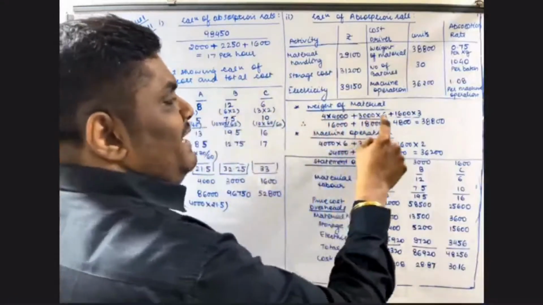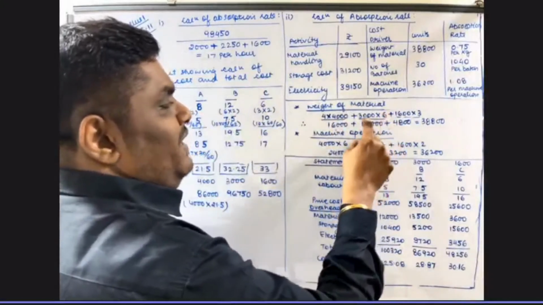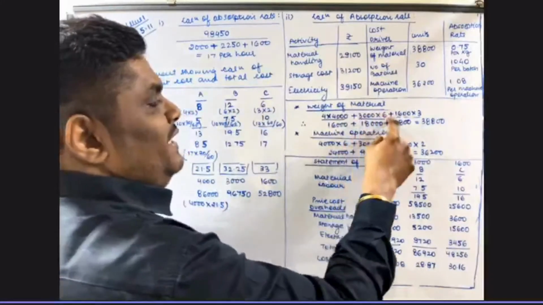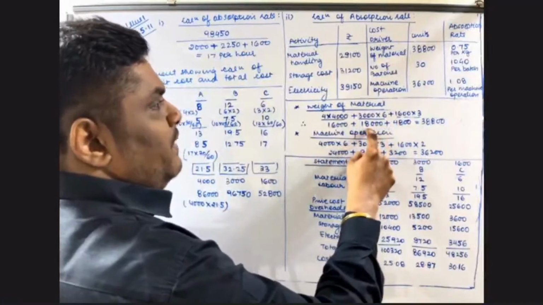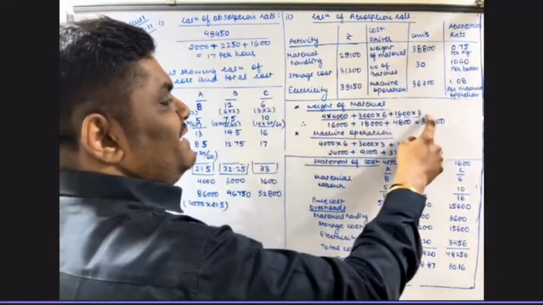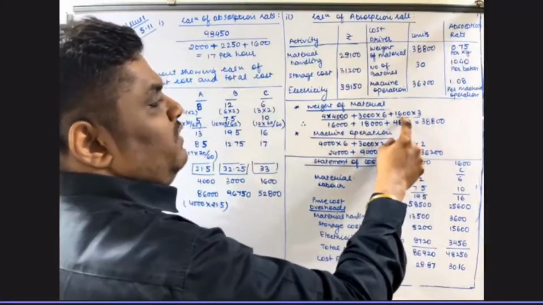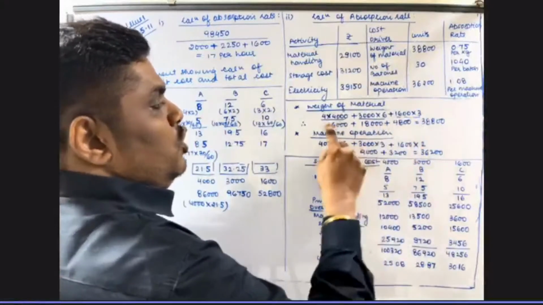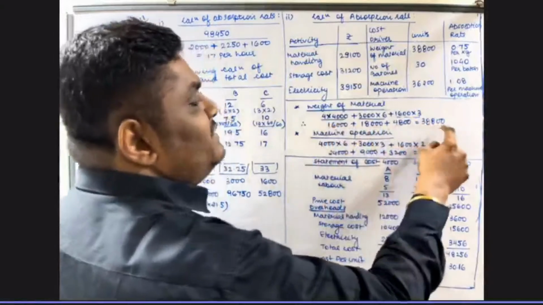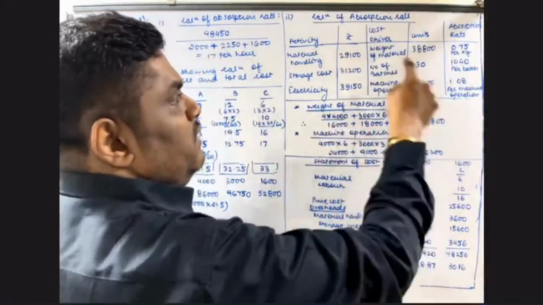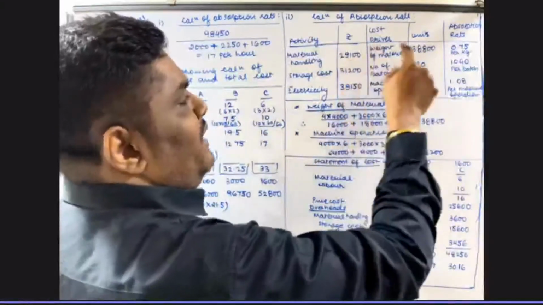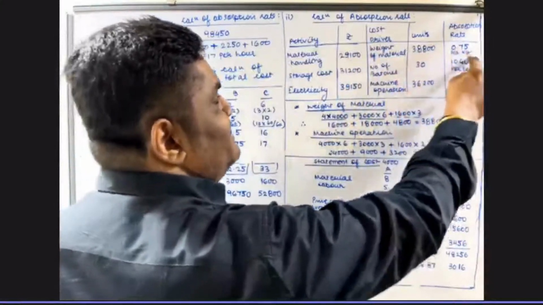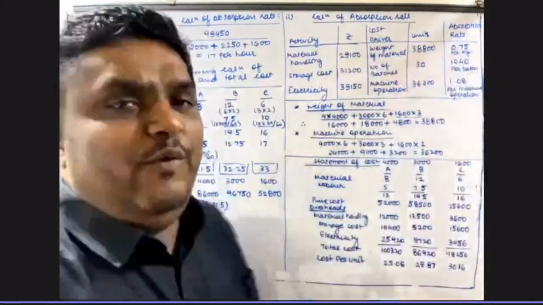Further, 6 kgs are required to manufacture product B, so 3,000 into 6, 18,000. Similarly, 3 kgs are required to manufacture 1 unit of product C, so 3 into 1,600 is 4,800. So the total weight of material is 38,800. So 29,100 divided by 38,800. This is how I got 0.75 per kg.